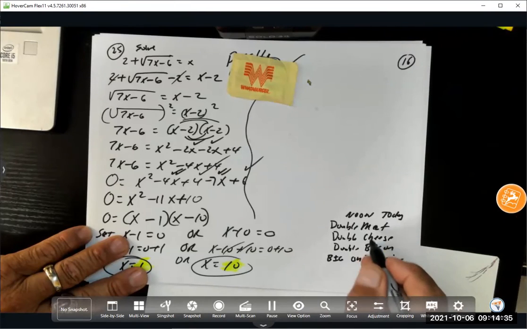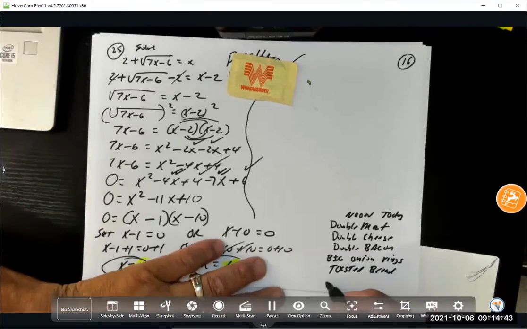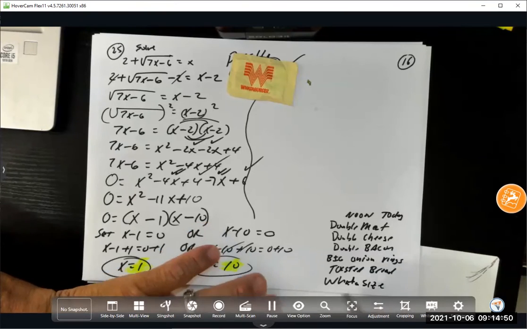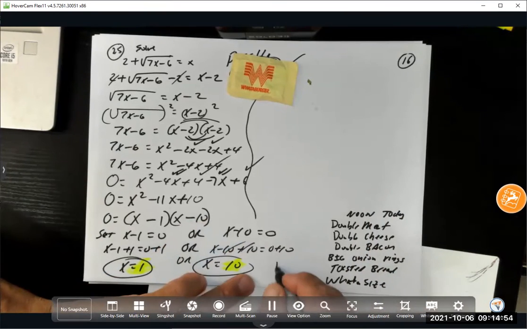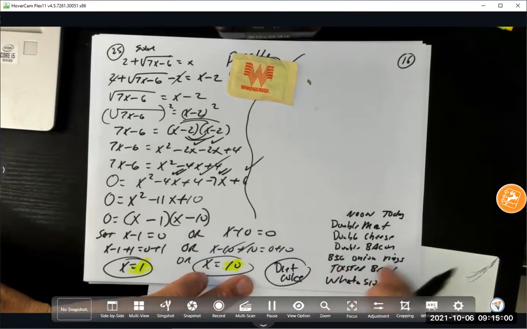Double meat, double cheese, double bacon, big onion rings, toasted bread. And then make everything big size. And I don't know, Diet Coke or something. Diet Coke, so you don't feel so bad, okay? Because you already have like 3,000 calories right here. So you may as well have a Diet Coke, right? That way it's not so bad.